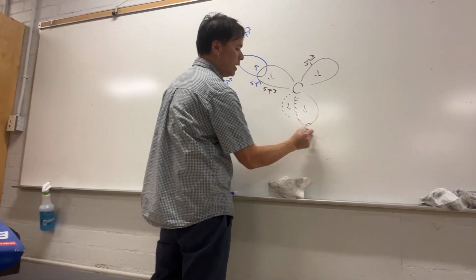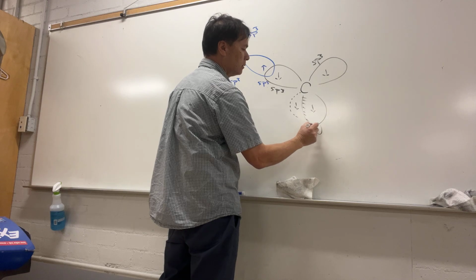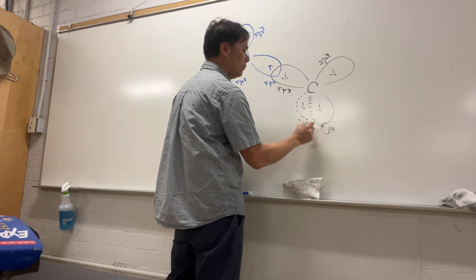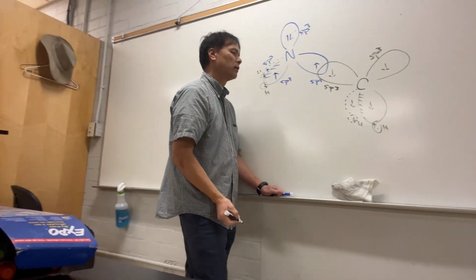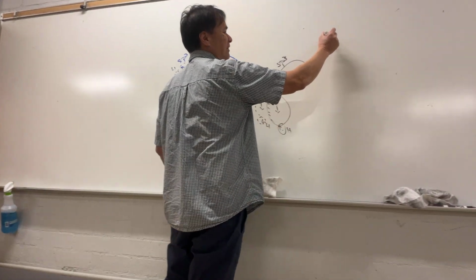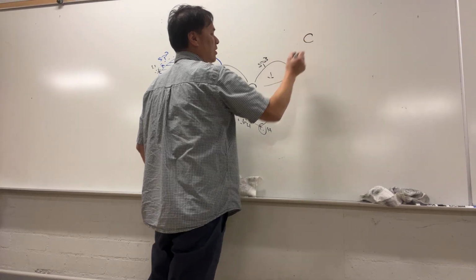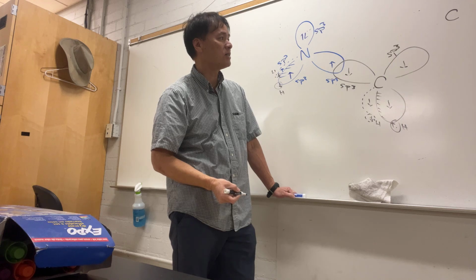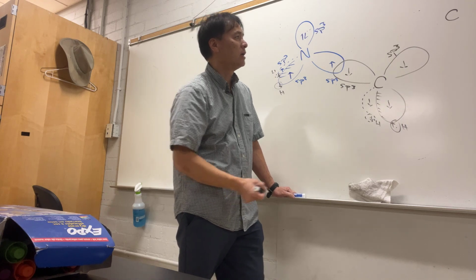These 2 coming out and going in will be bonded to hydrogen here. This one is going to be bonded to what? A carbon here. But this carbon is going to be what hybridization? sp2 hybridized.